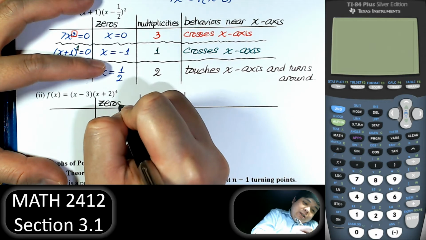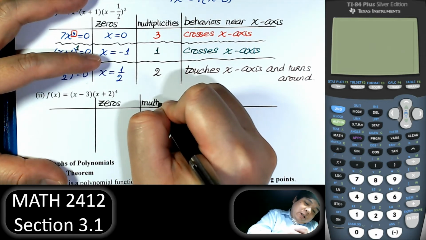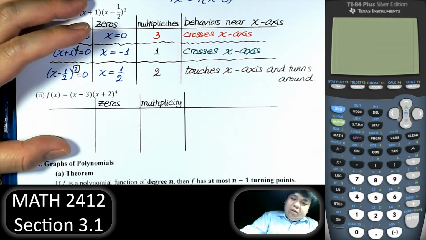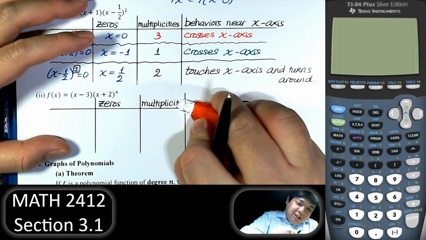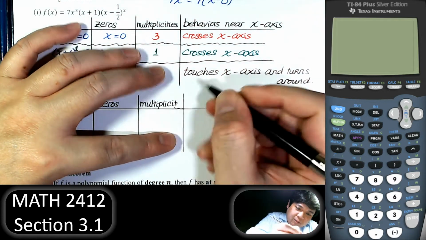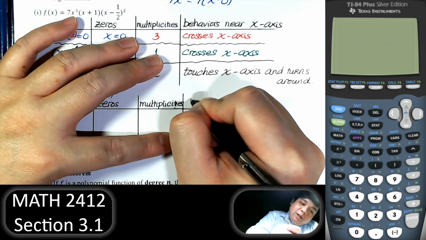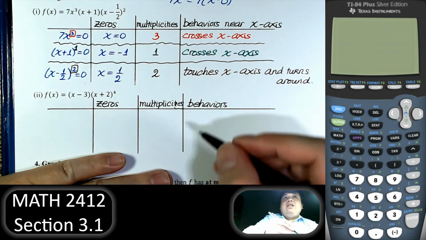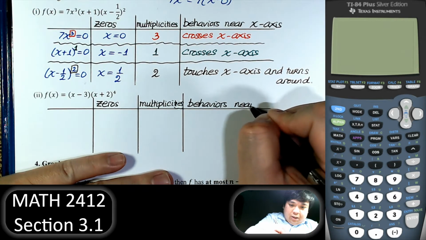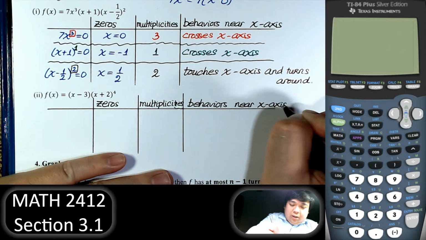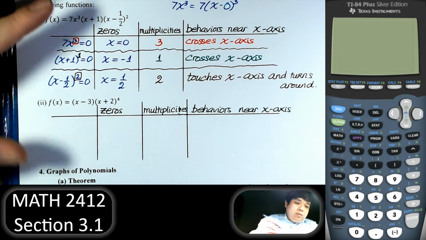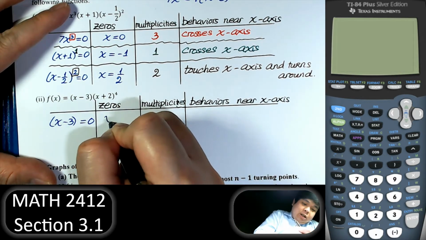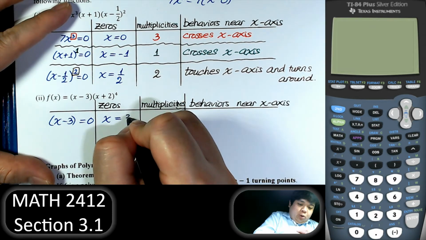Zeros, multiplicities, let's put that in plurals, and behavior near the x-axis or near the zeros. Right, we have the factor x minus 3. Make that equal to 0, so we have x equal to 3.